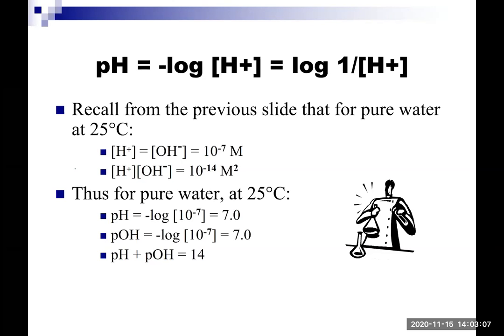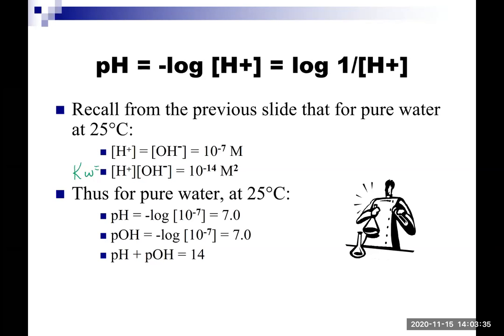So if we calculate Kw, that equals the concentration of H plus times the concentration of OH minus, and that is 1 times 10 to the minus 14. So for pure water at room temperature, the pH is equal to the negative log of 1 times 10 to the minus 7, and we calculated this a couple slides back, so that equals 7.